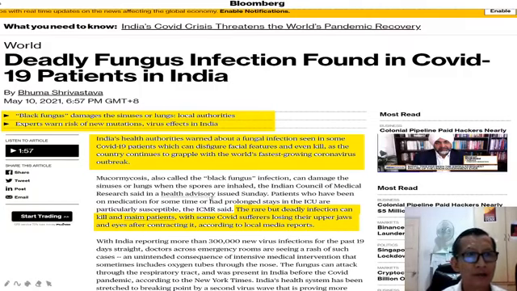So this is one of the latest findings, a deadly fungus infection found in COVID-19 patients in India. These viruses are able to attack, disfigure facial features and even kill. These deadly infections can kill and maim patients, with some COVID sufferers losing their upper jaws and eyes after contracting it. So you can just imagine how severe these things are.